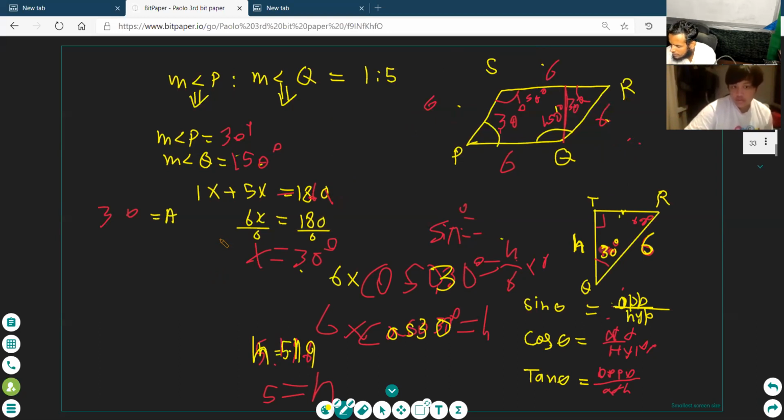In cos, this is our h upon hypo, and h is 6. 30.